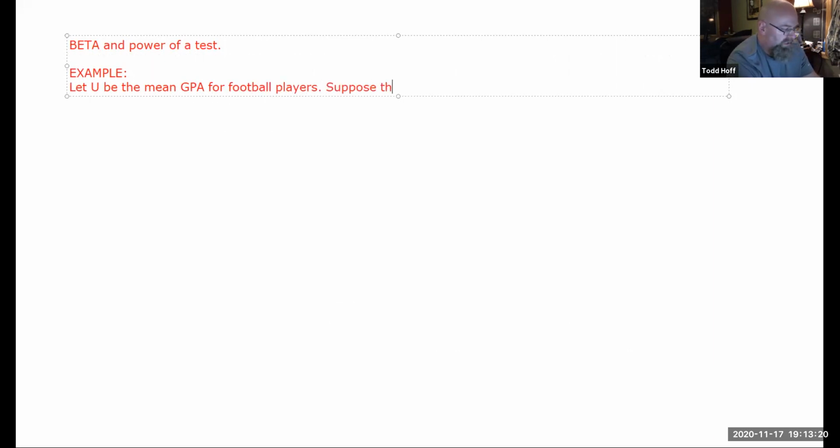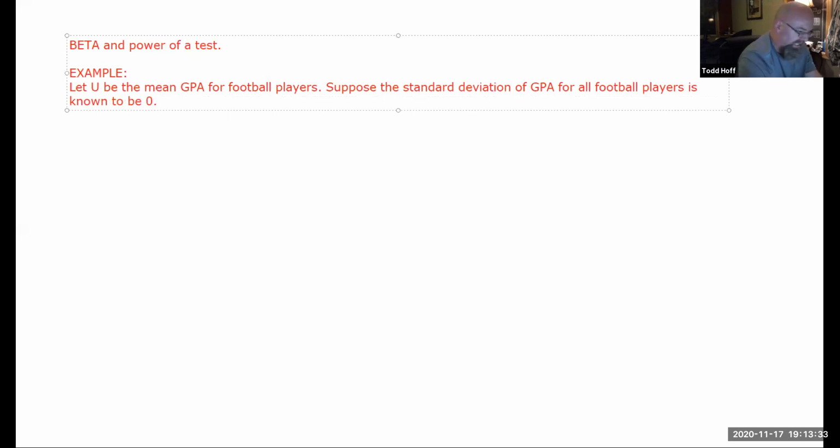Suppose the standard deviation of GPA for all football players is known to be 0.6.